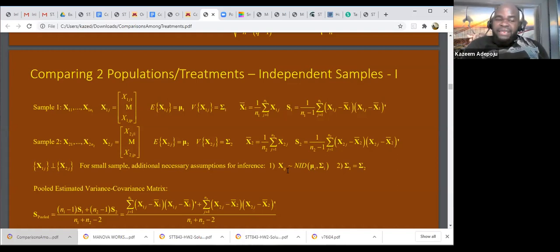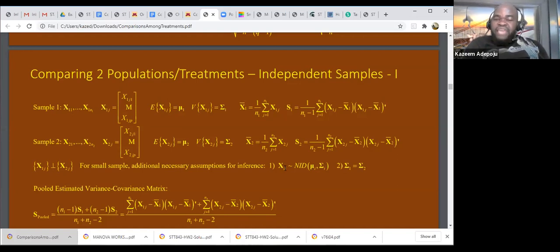So if my j equals 1, I'm referring to this guy here, the set of variables here. If it is equal to 1, I'm going to have mu1, which is this vector mean, and the variance covariance, look at that, it's going to be Sigma 1.